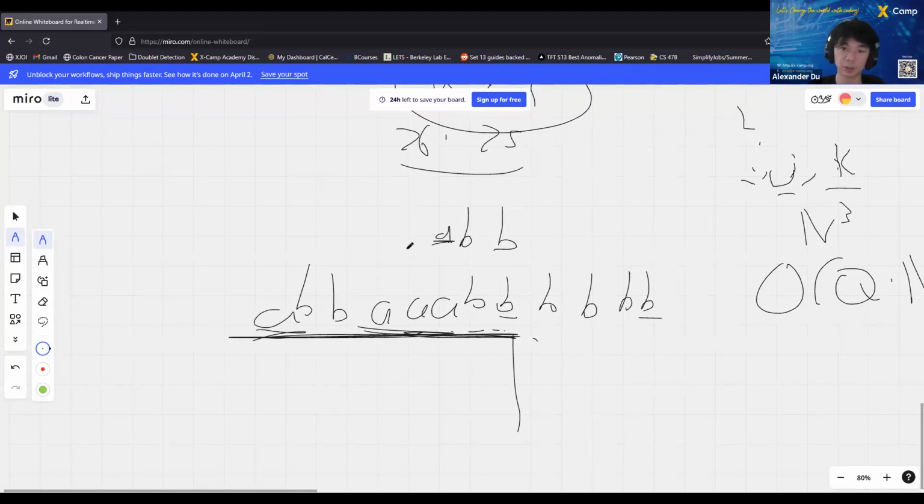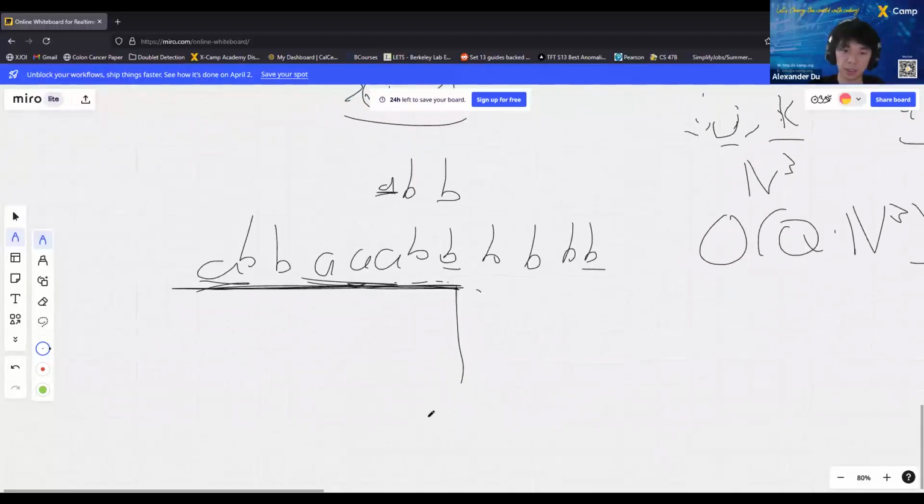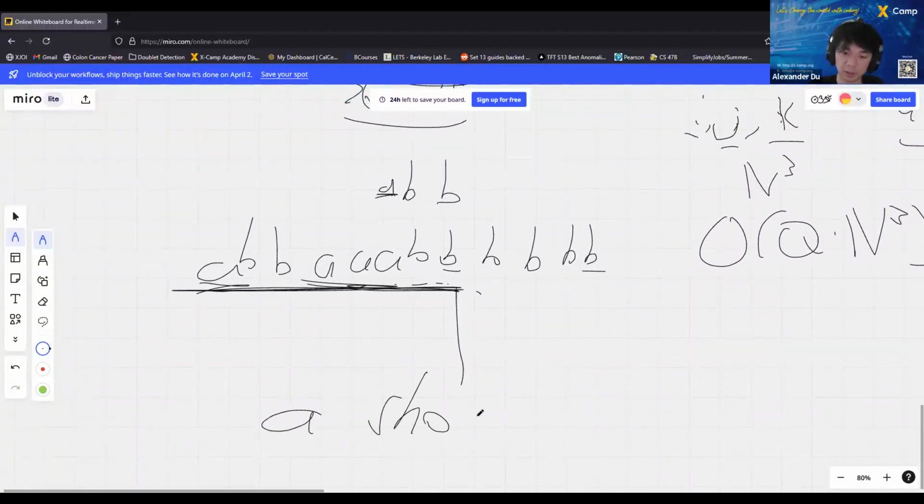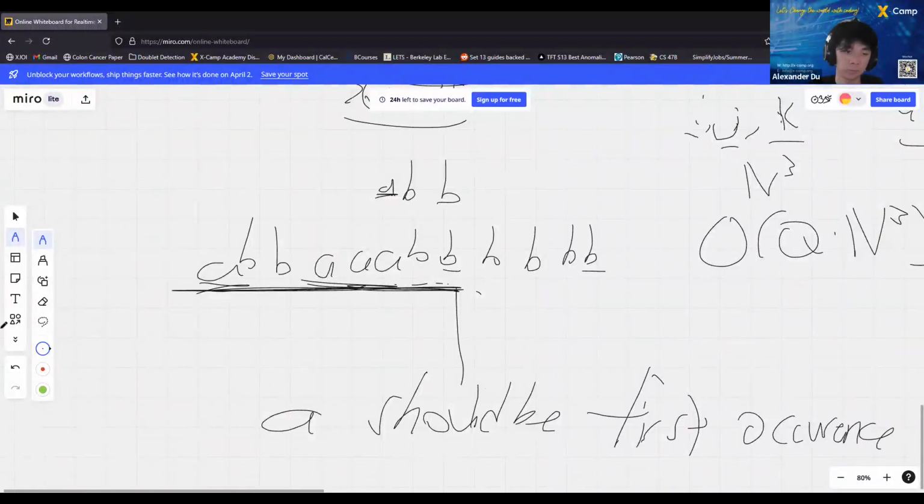I think this fact is pretty obvious. So A should be the first occurrence. There's no reason to ever pick a farther occurrence of A than the first one.